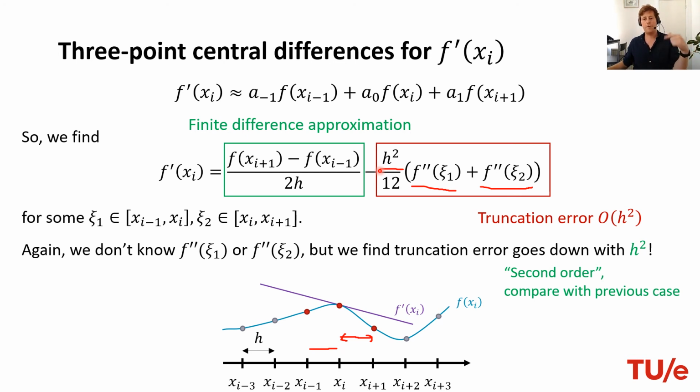For the forward scheme, the error went down by a factor of 4 also, which is first order behavior, so the truncation error is proportional to h. For the central scheme, the error went down by a factor h squared, or a factor of 16. That is second order behavior, which is very beneficial from an accuracy point of view.